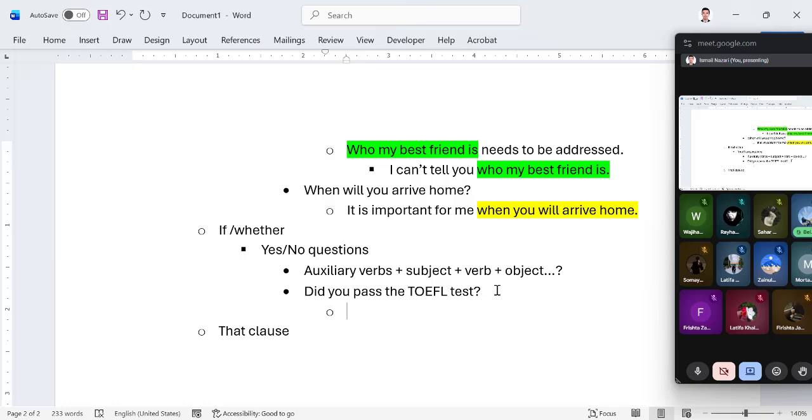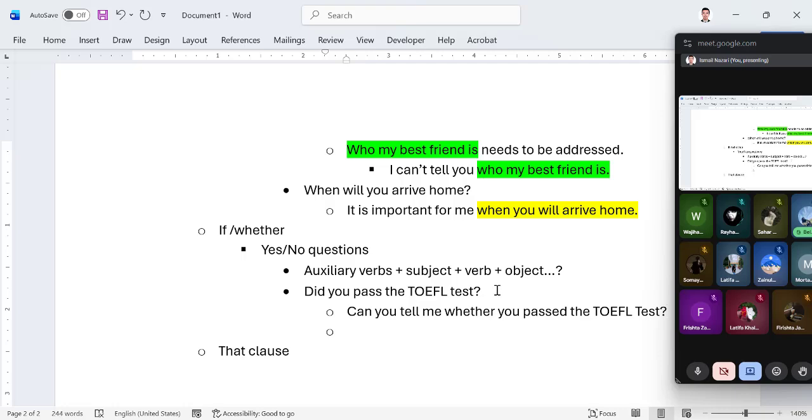They might say, for example, "Can you tell me whether you passed the TOEFL test?" So it is again a question, but here we didn't directly ask the question.